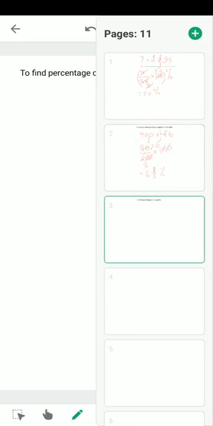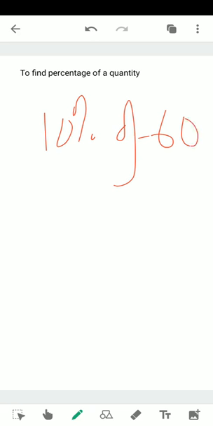Let us discuss one more application, which is to find the percentage of a quantity. Suppose someone comes and tells me that only 10% of the 60 people in the class passed the mathematics exam. Let us imagine this condition.